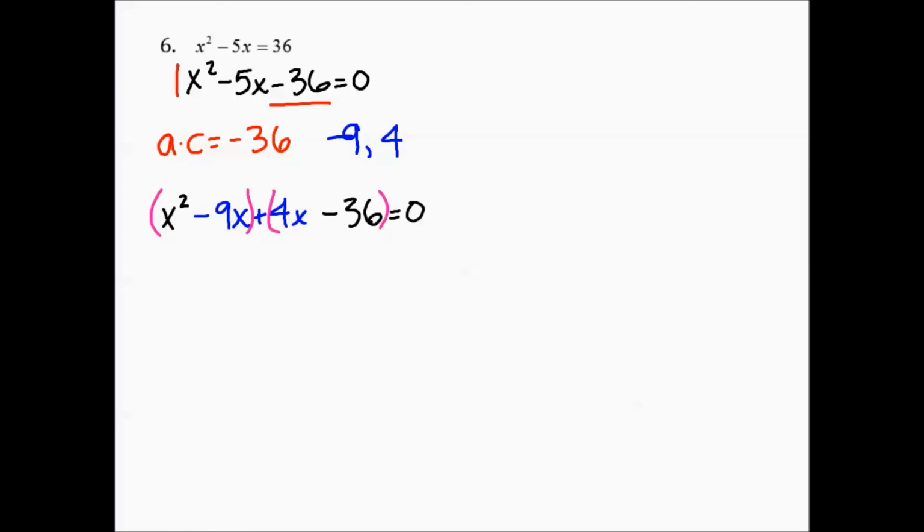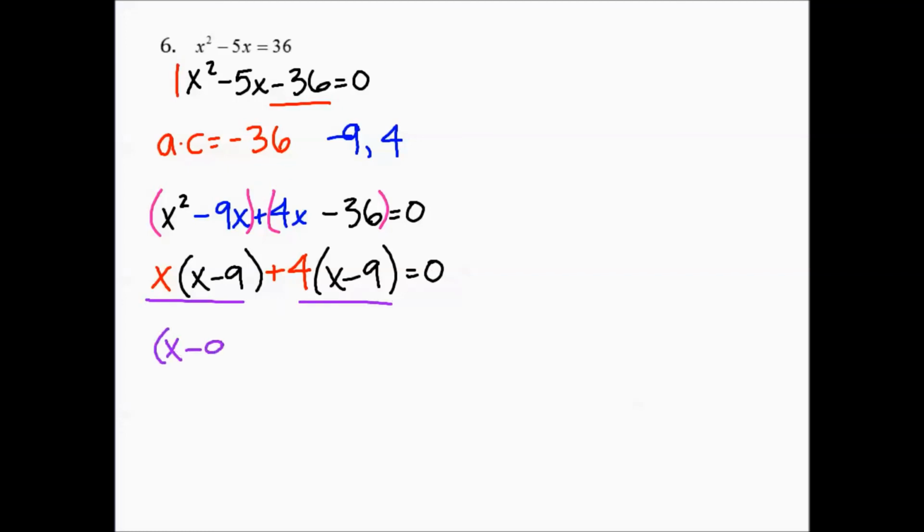The GCF of the first set of parentheses is x. When I take that out, I'm left with x minus 9. The GCF of the second set of parentheses is 4. And when I take that out, I'm left with x minus 9. Then I need to check each term, see what they have in common. They both have an x minus 9.